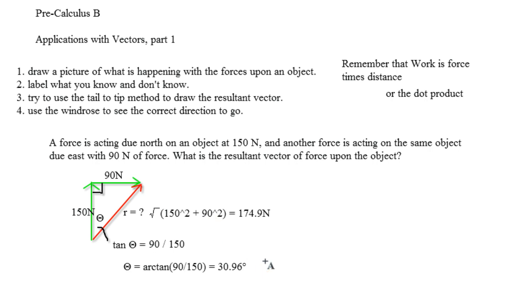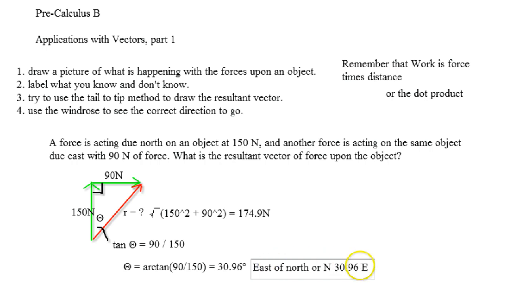Now, how do I tell that direction in terms of force and everything? Well, if you notice, I'm to the right of due north. So I could say this is east of north, or this is the way to actually write it. It's really interesting. North 30.96 east.